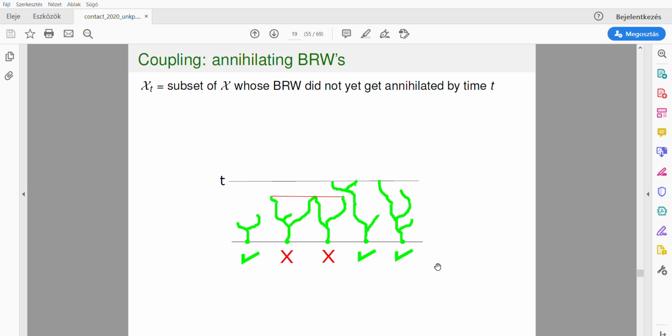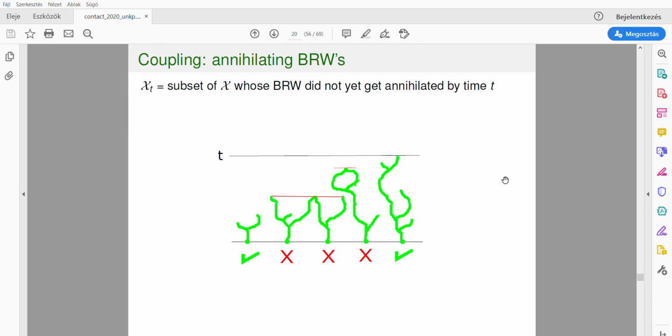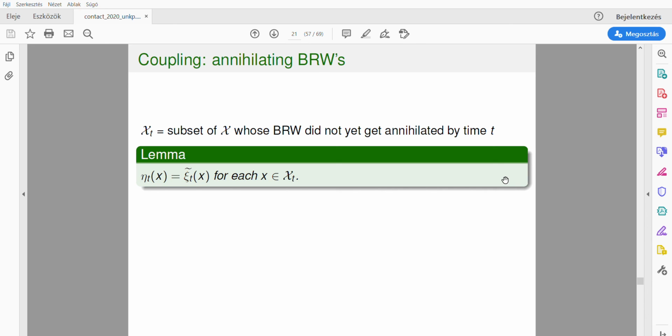If I further increase t and particles jump on top of each other, that branching random walk is no longer representative of an infection path, but still these guys are, and so on. So this was kind of a proof by picture of the following lemma.